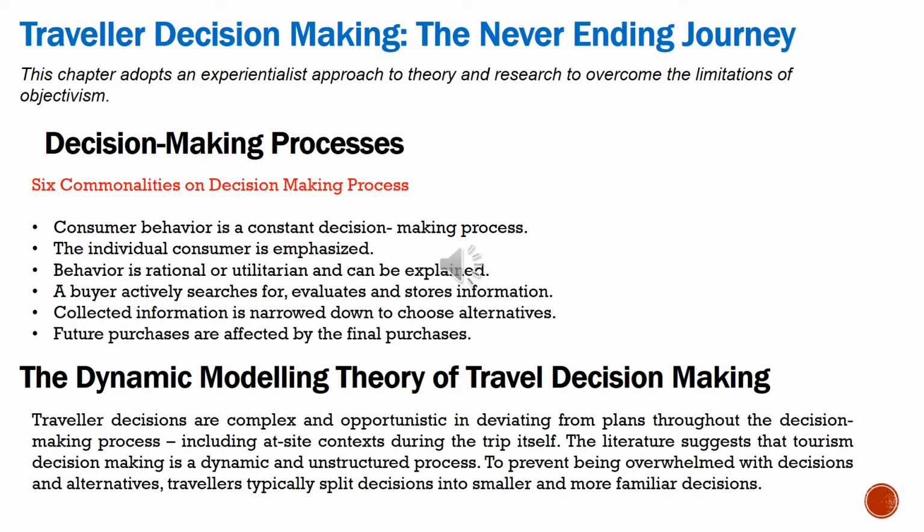Because a buyer actively searches for. Okay? His motivation or his reason for searching for the different destinations he wants to visit does not change. And then whatever he has gathered, whether information, feedback, reviews, or word of mouth, will be retained in him.